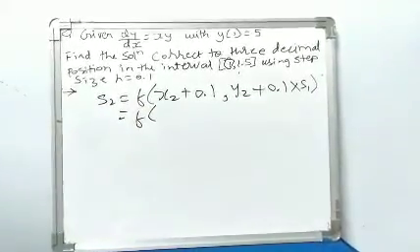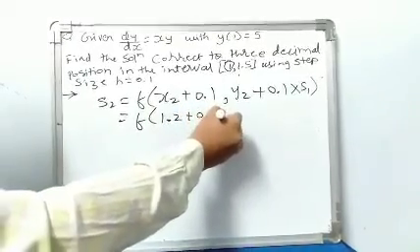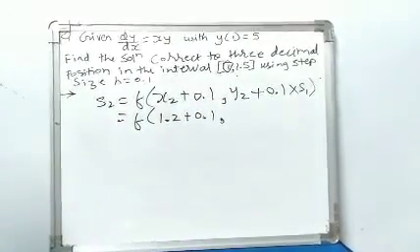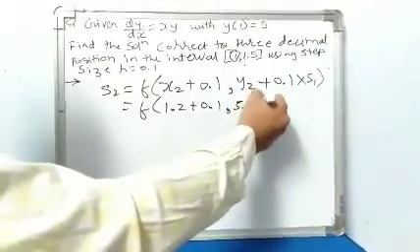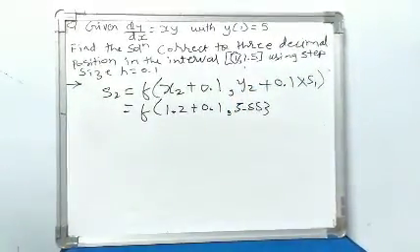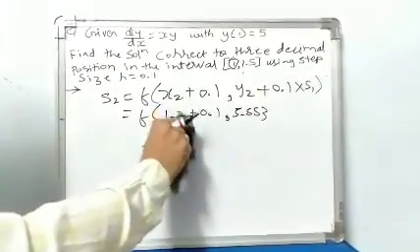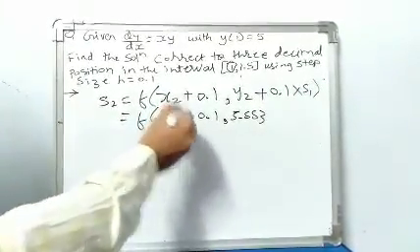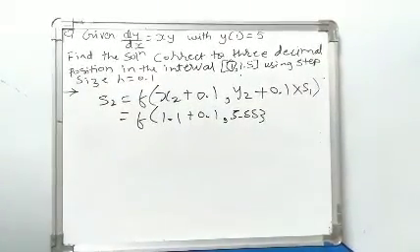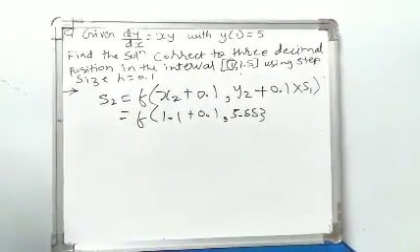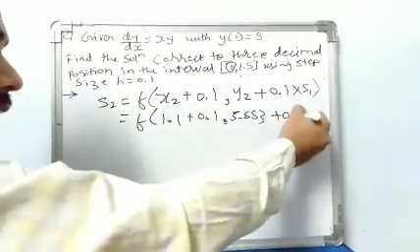Sorry, x2 is 1.1. So 1.1 plus 0.1 comma 5.553 plus 0.1 into s1.